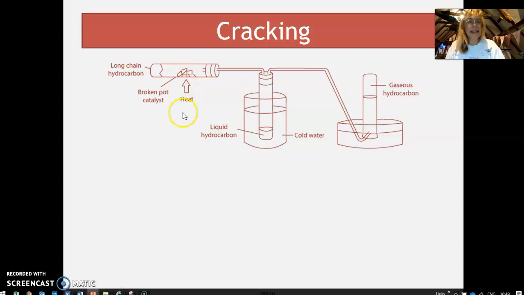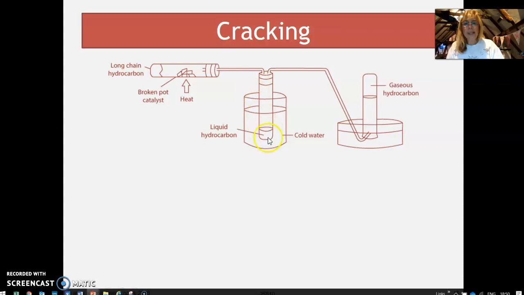And you can see I'm heating it. Remember, cracking involves breaking down due to heat. So as this vaporizes and passes over the catalyst, due to the heat in the catalyst, it's going to break down, and the gases are going to move along these boiling tubes and delivery tubes.